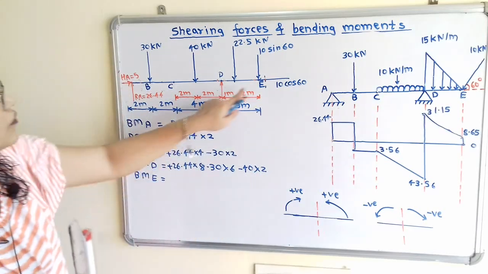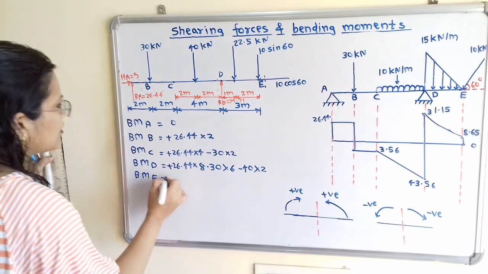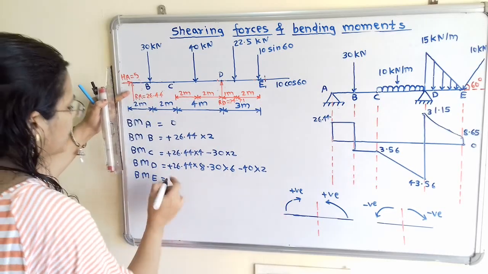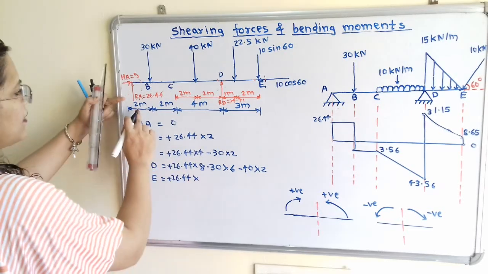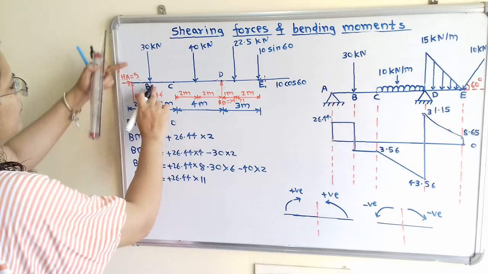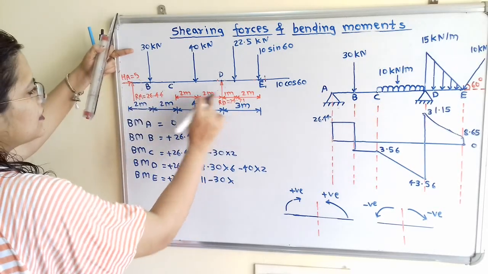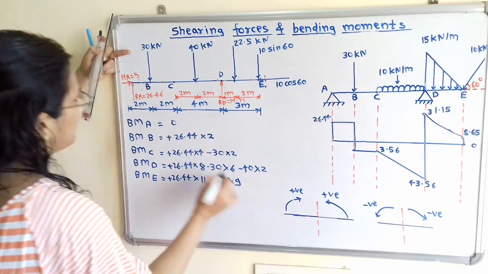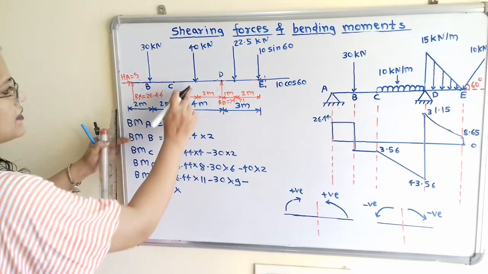Now we will move to calculate bending moment at point E. So again we will show here, if I move the compass, then this force is having clockwise direction. So plus 26.44 multiplied by the total distance 11. Then for this 30, minus 30 multiplied by the distance, that is 4 plus 2, 6, 8, 9, that is 9. Then 40. So it is again minus 40 multiplied by the distance.